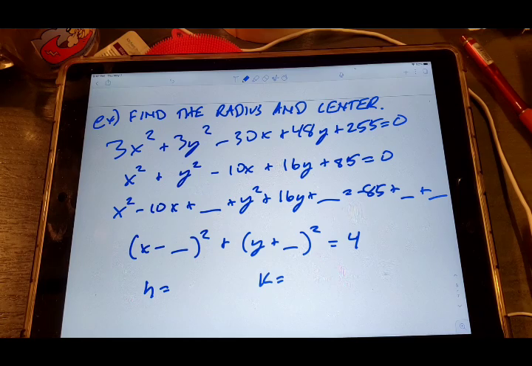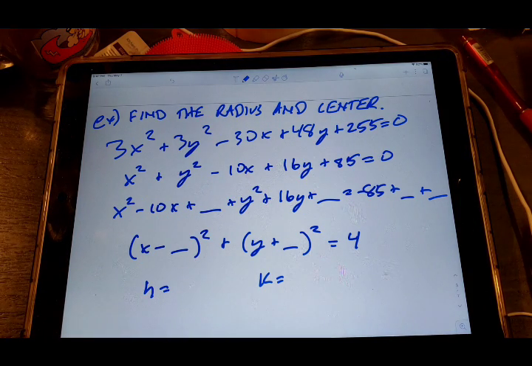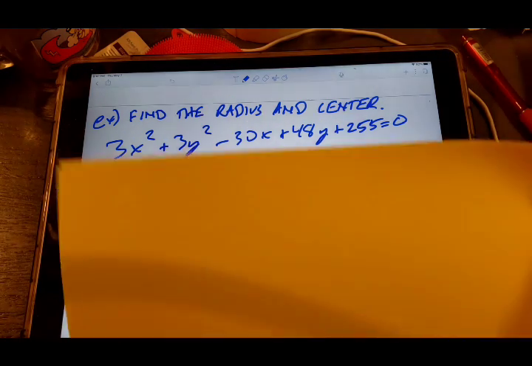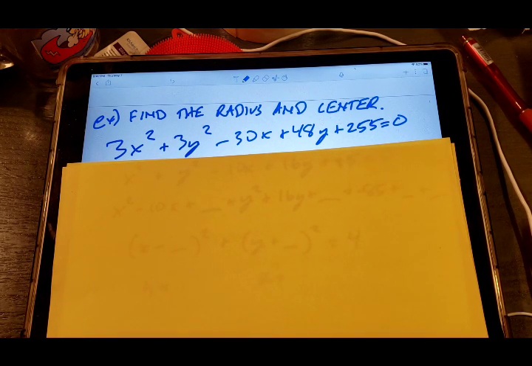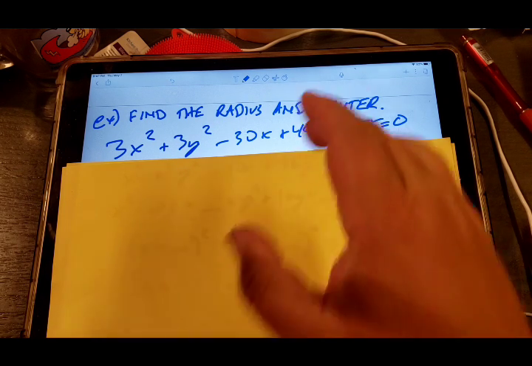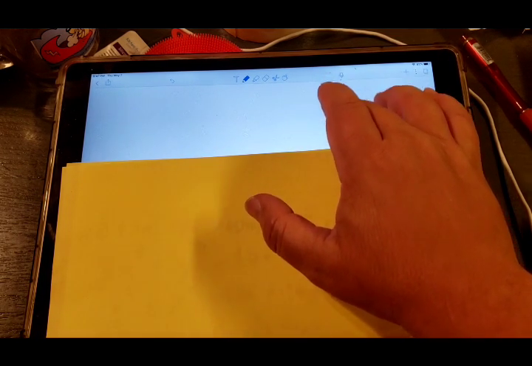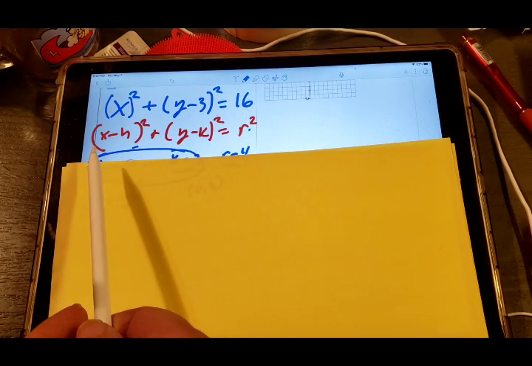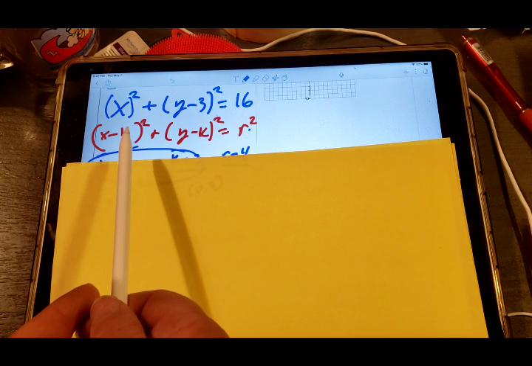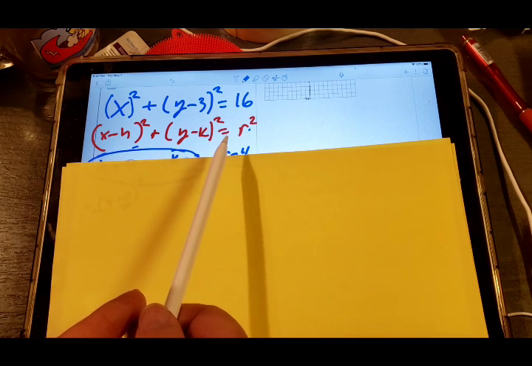And here's kind of a big question on what's new. What's new in chapter 9 are questions like this. These are questions that don't have the parentheses already handed to you. You have to work to get, let me go back to that thing I wrote twice now, this thing I wrote in red: x minus h squared plus y minus k squared equals r squared.